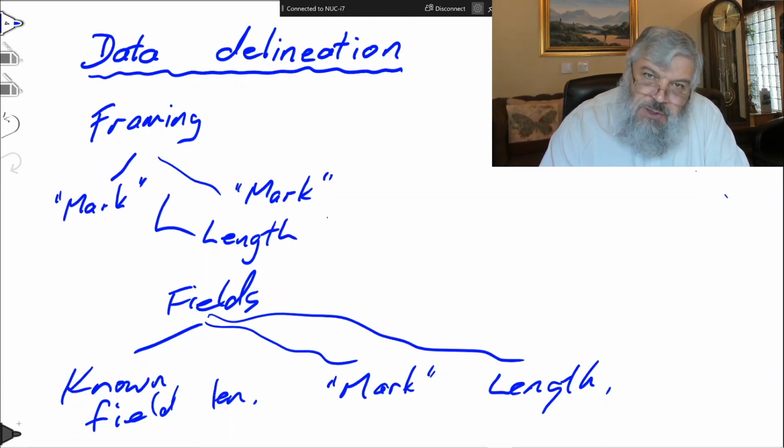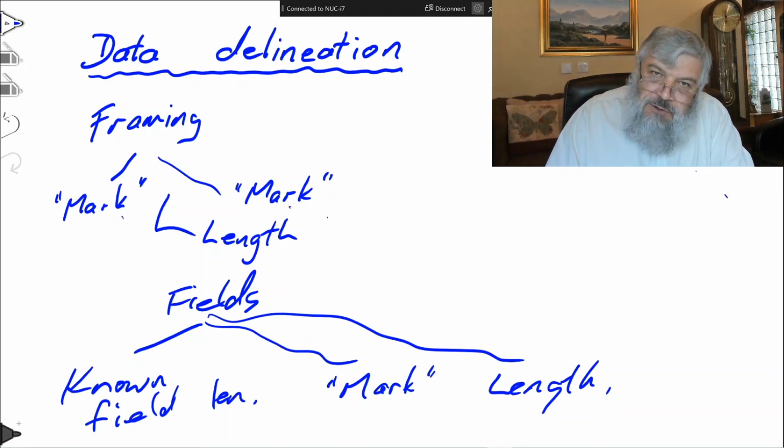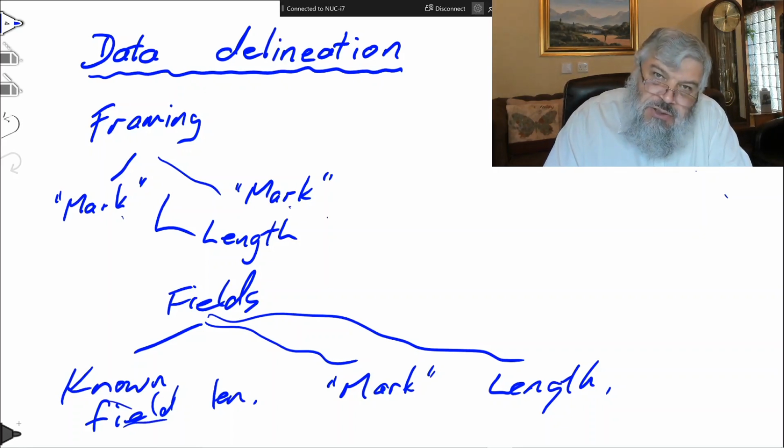Very often you will see that we use some sort of a mark, let's say to begin and to end a frame, but then we will use known field lengths on the inside so that we know exactly where each field begins and ends. Let's look at a couple of examples.